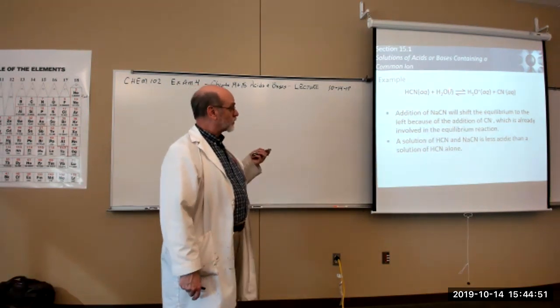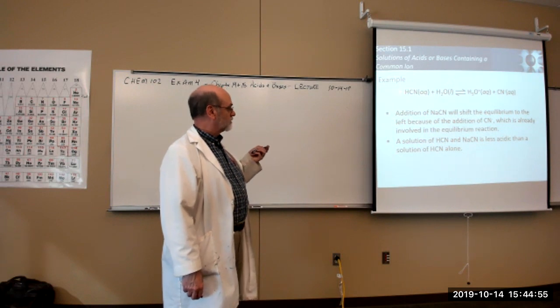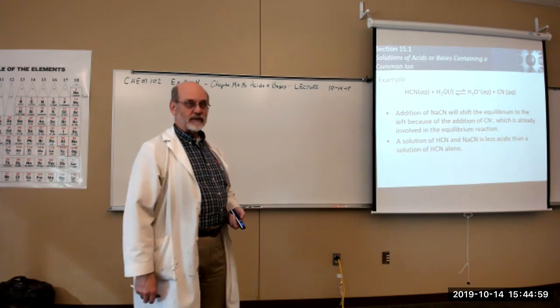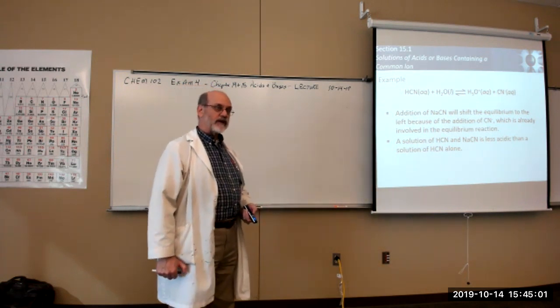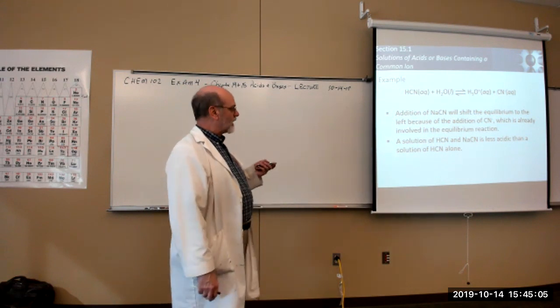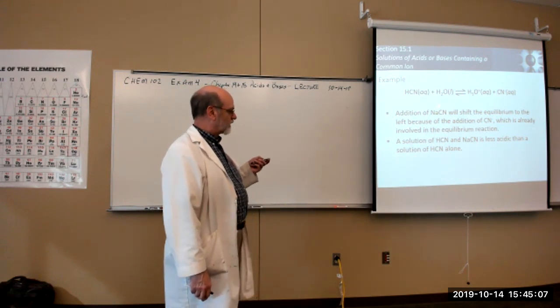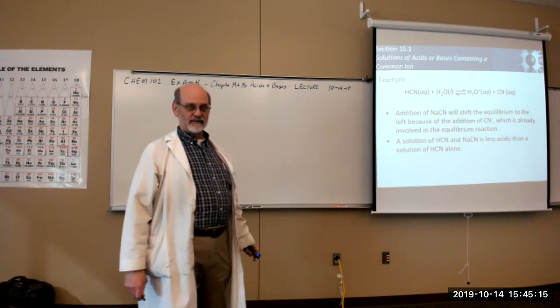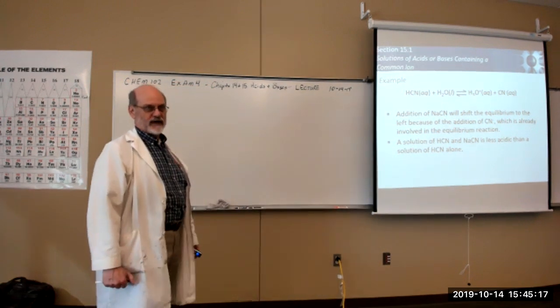Not only is there no sodium there, sodium will not react with any of these. Right? So sodium can be discounted. The only one you need to consider, as far as equilibrium goes, is the common ion cyanide. So addition of cyanide would influence this reaction from this side, driving it back that way. Okay, that's the common ion effect.